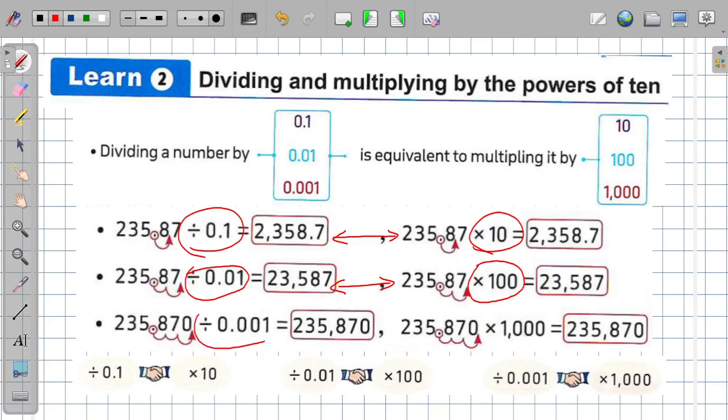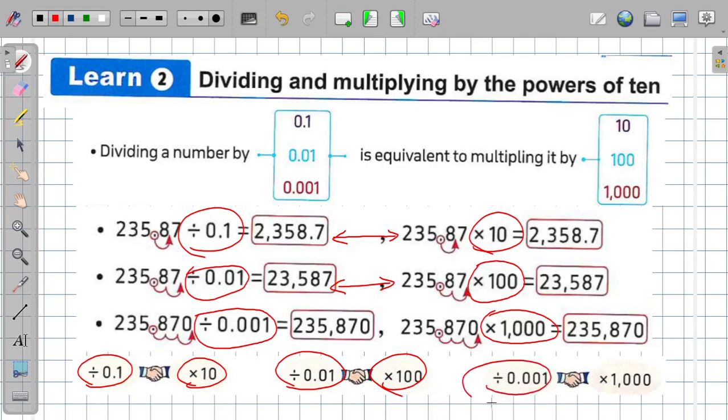And dividing by 0.001 is equivalent to multiplying by 1000.